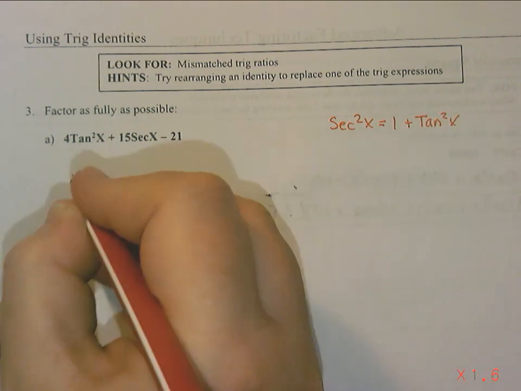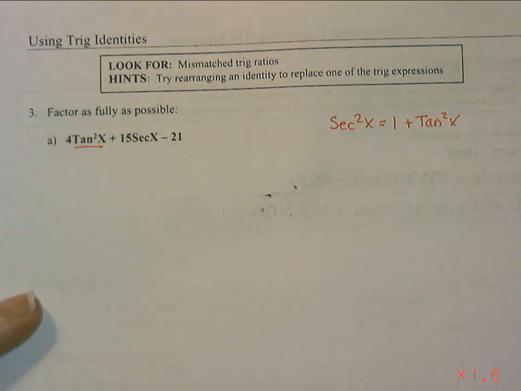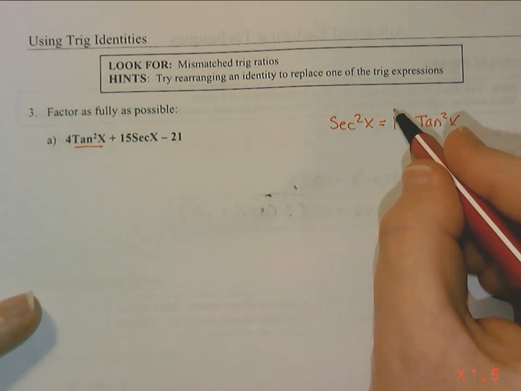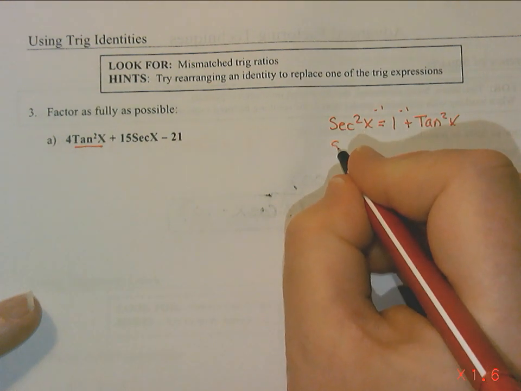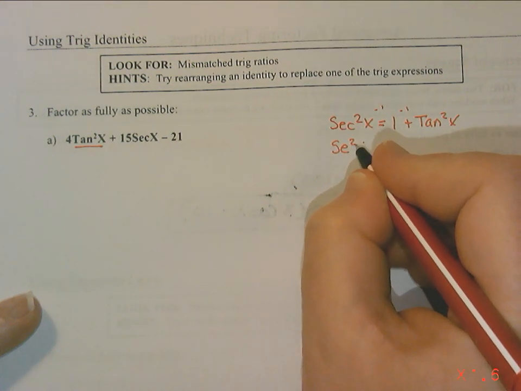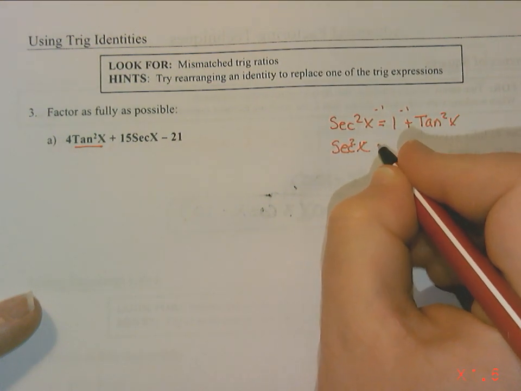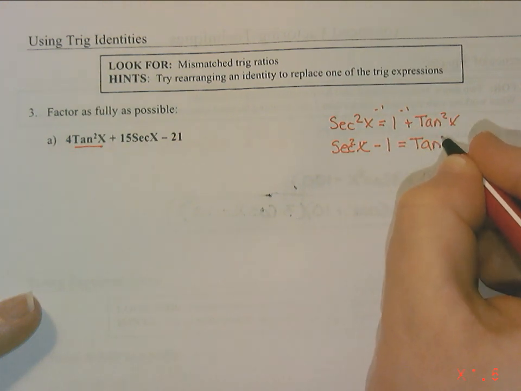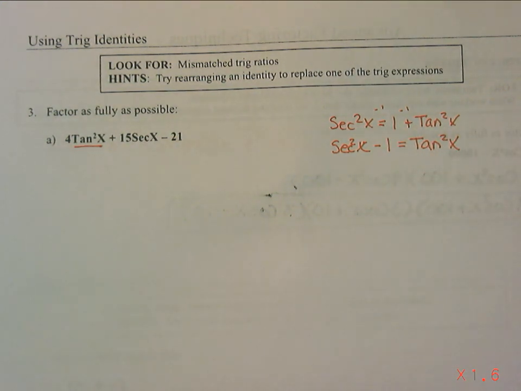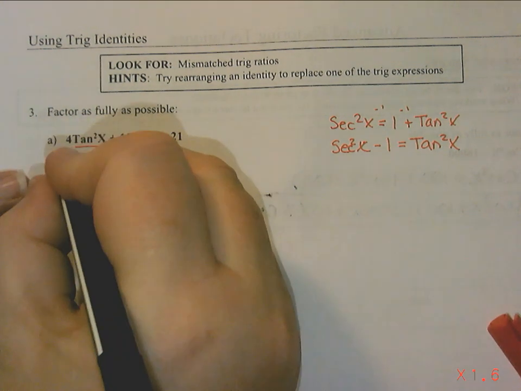I have a tan squared x, so I'm going to do a little rearranging. We're going to take that 1 to the other side by subtracting 1. And it will give me that secant squared x minus 1 equals tan squared x. So we're going to take out the tan squared x and put in secant squared x minus 1.